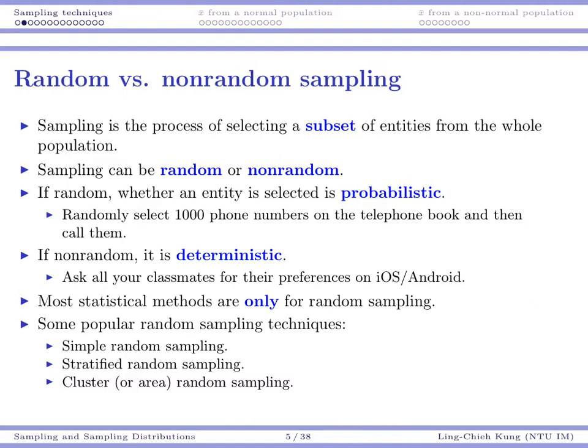If I want to infer about all the students in NTU, but I sample only from this class, then obviously there is a deviation. That's not very good. What I should do is random sampling. Today we will talk about three popular random sampling techniques: simple random sampling, stratified random sampling, and cluster random sampling.